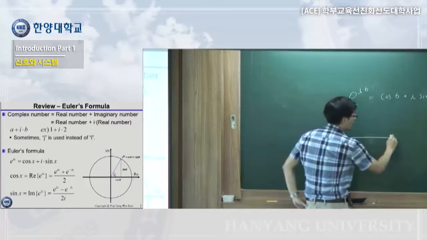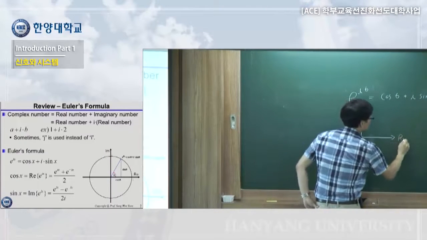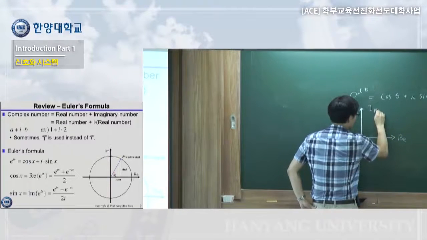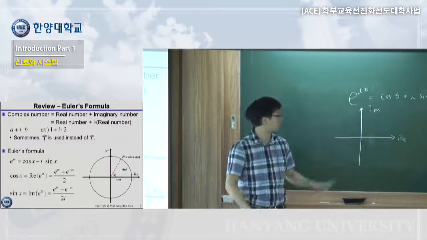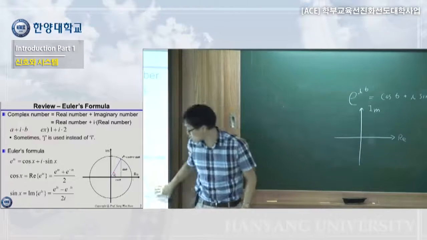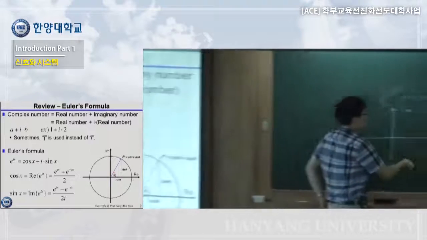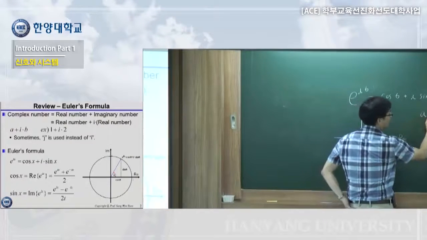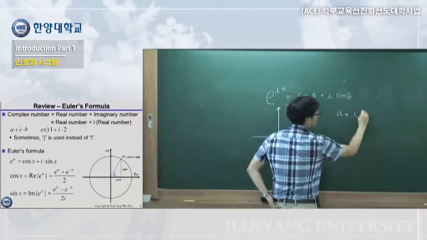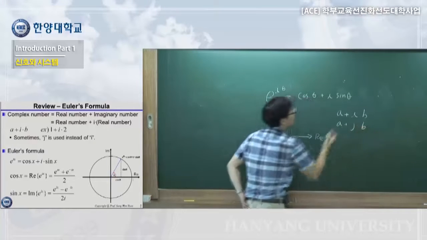You may be familiar with those planes, those axes shown here: the real axis and the imaginary axis. Say you have a complex number a plus ib or a plus jb.